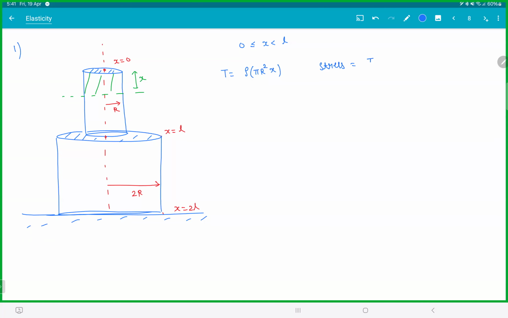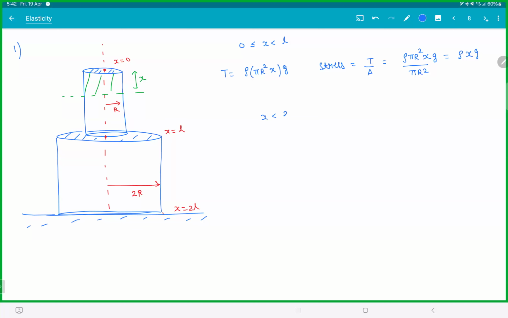So stress will be tension by area, which is density pi r square x g by pi r square, which is rho x g. Rho x g, that is your stress. This is the function for x between 0 and L.